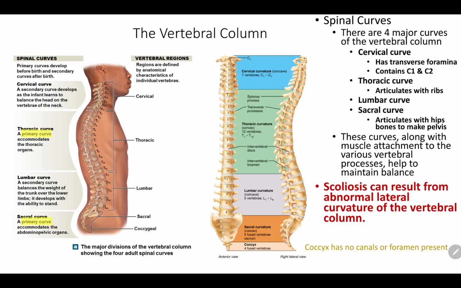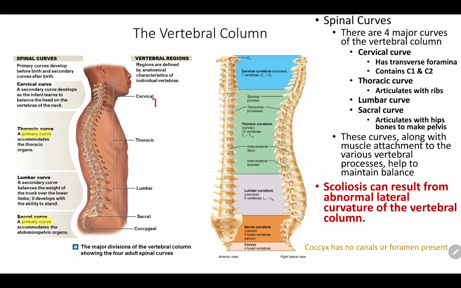Also part of your axial skeleton, we have your vertebral column. So remember that we have these different curvatures: cervical curvature, thoracic curvature, lumbar, sacral curvature. And of course, we want to remember C1 through C7.